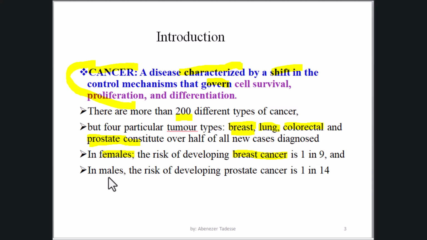Very nice. In males, the risk of development of prostate cancer, especially at age greater than 50, is very high. This results from the androgenic effect, where androgen acts on the prostate gland and increases prostate gland proliferation abnormally. This is mostly due to the aging effect.